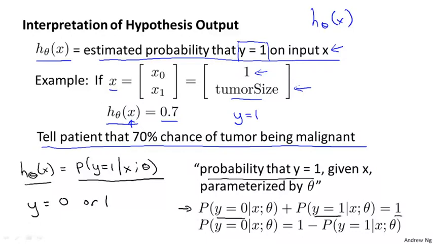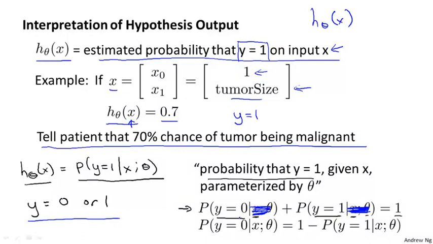This first equation looks a little bit more complicated, but it's basically saying that probability of y equals 0 for a particular patient with features x, and given our parameters theta, plus the probability of y equals 1 for that same patient with features x, and given our parameters theta, must add up to 1. If this equation looks a little bit complicated, feel free to mentally imagine it without that x and theta. And this is just saying that the probability of y equals 0 plus the probability of y equals 1 must be equal to 1. And we know this to be true because y has to be either 0 or 1.